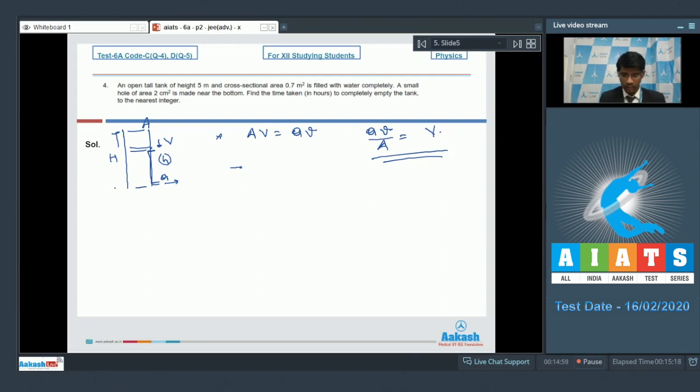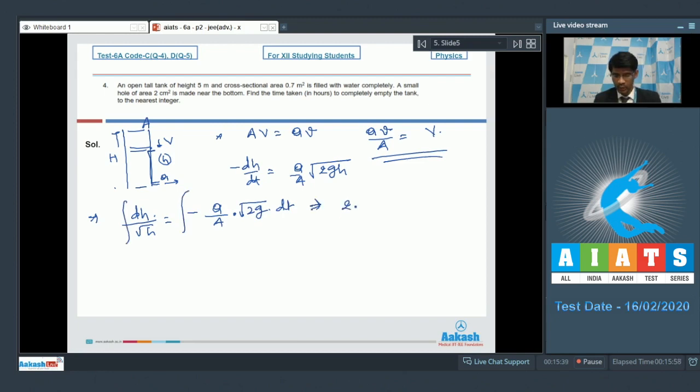So minus dH/dt would be equal to this much, and this small v is how much? It is root 2gh. Integrate this part with proper limits. We shall have dh divided by root h must be equal to a/A, here it is root 2g dt, with negative sign.